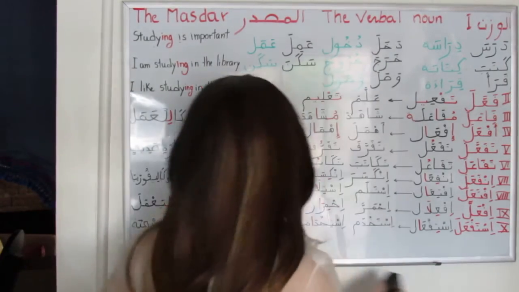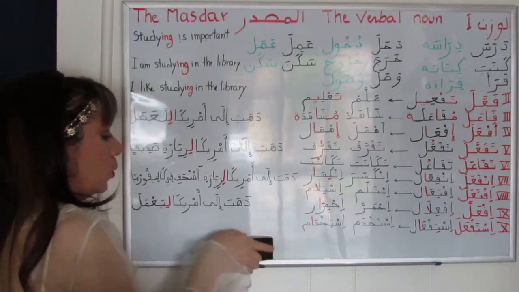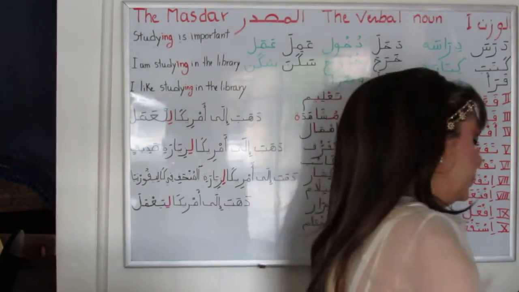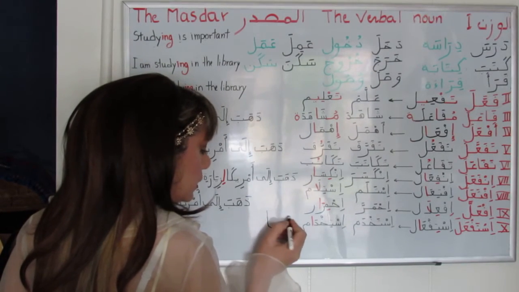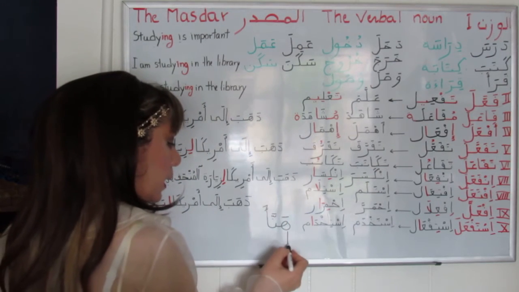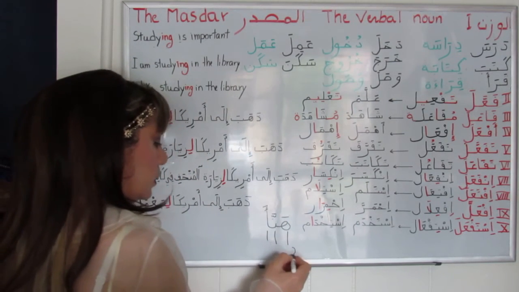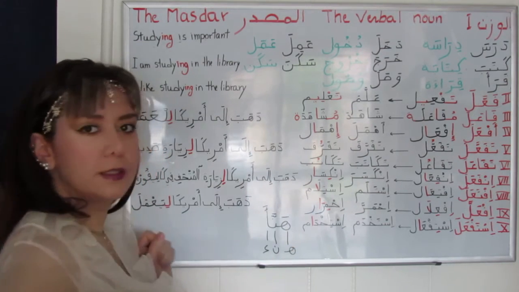Let me give you another example with a word ending with hamza. Hanna'a, to congratulate. Ha, nun and hamza in the roots. We'll start with ta.